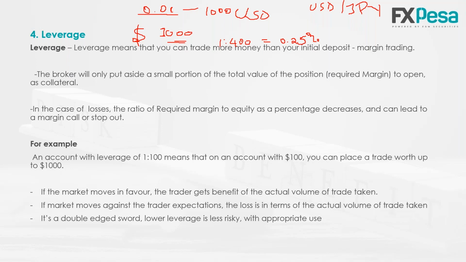Because you're taking a leverage, you're trading at a margin. Yes, you require a small amount of money, but you're going to realize profits or losses in the actual movements of the actual profits that someone who did not take any leverage is making. That's why it gets tricky. That's why it gets sweet as well, because you make profits on the actual whole value of the asset that you're holding.